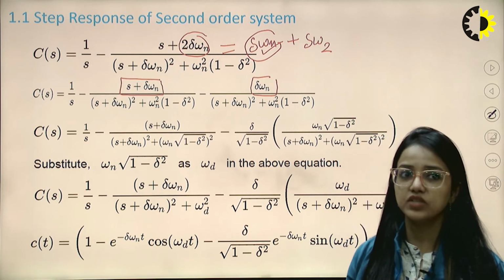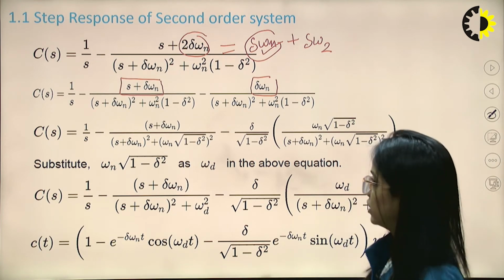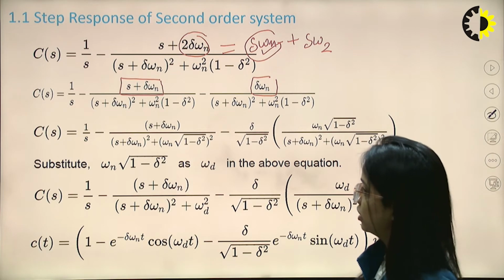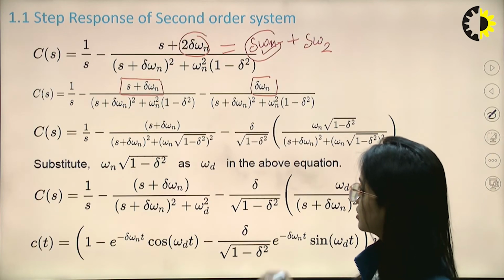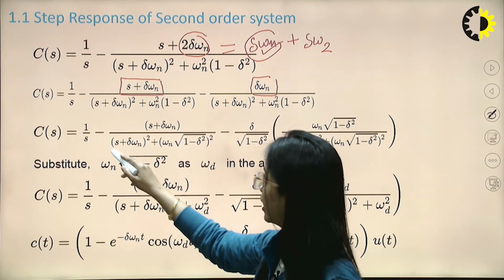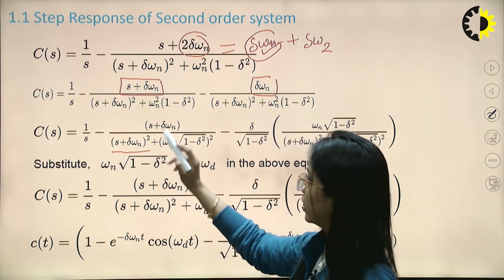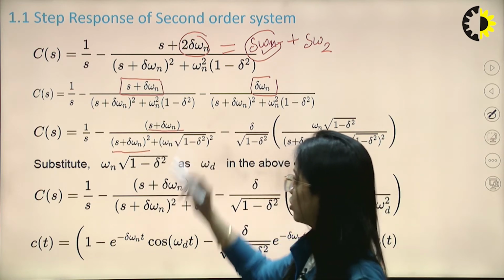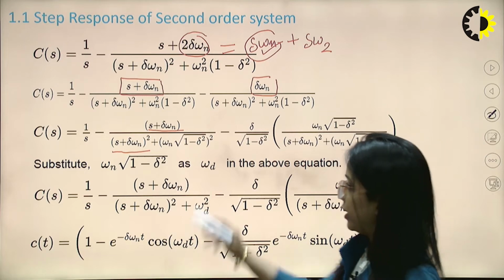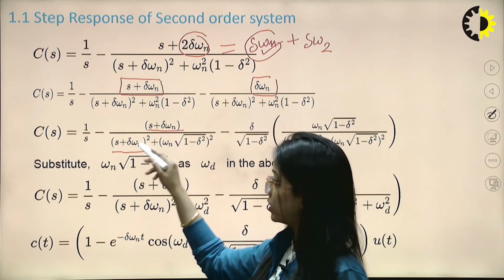Then, when we are rearranging, we see that here we have s plus zeta omega n, and here also we have s plus zeta omega n. Now, s plus zeta omega n whole square.